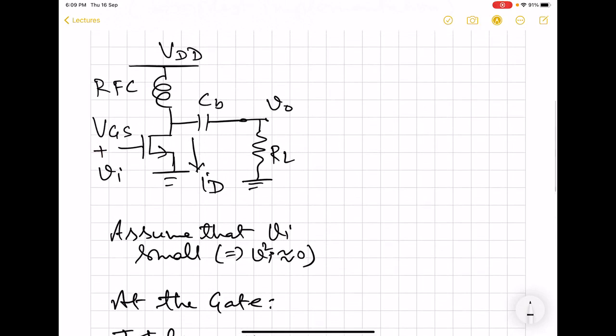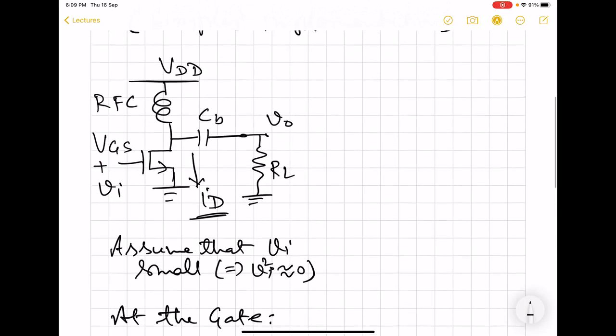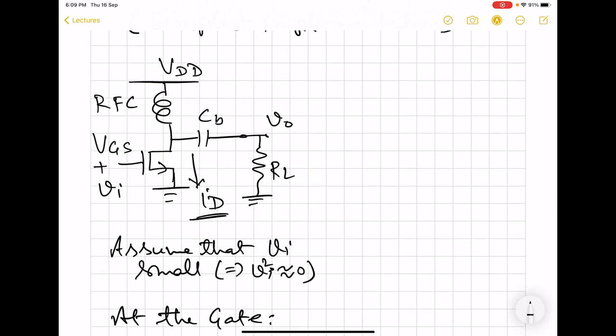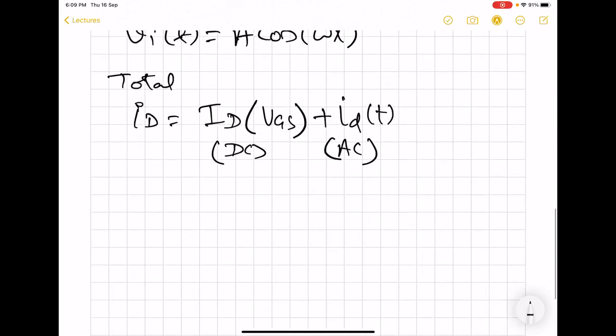So now we would like to see how these two components of the drain current are going to flow. For that, here we will point out the impedance offered by RFC and by this blocking capacitor.